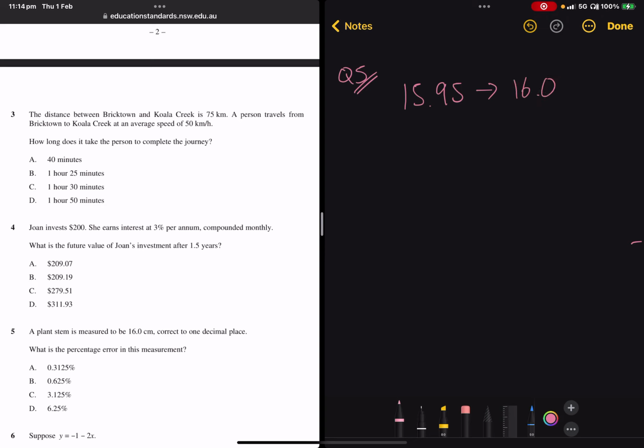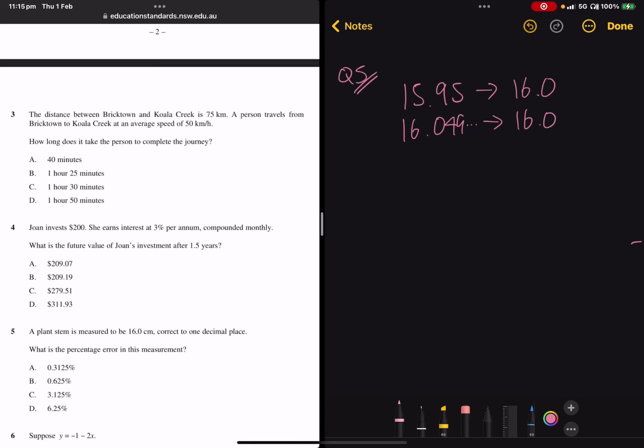Similarly, on the upper bound, it could have been 16.049... because this would round down to 16.0. So the maximum difference from 16 is 0.05. So what is the percentage error?